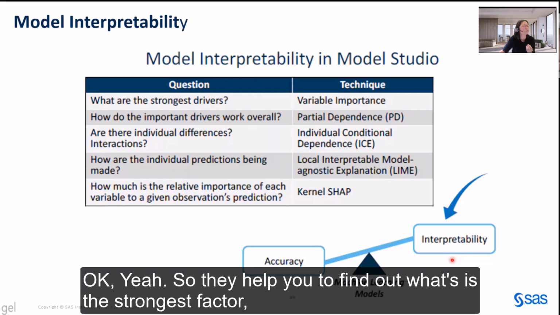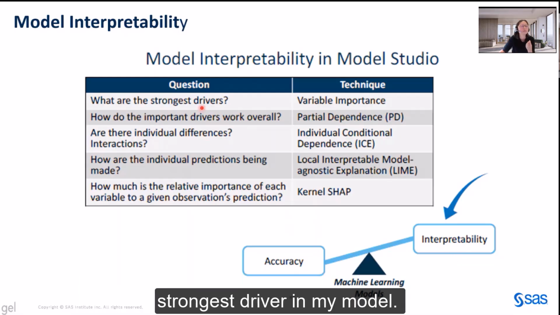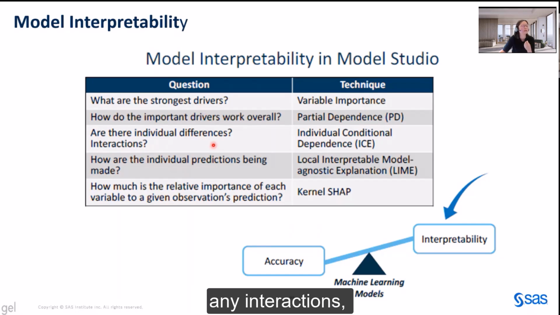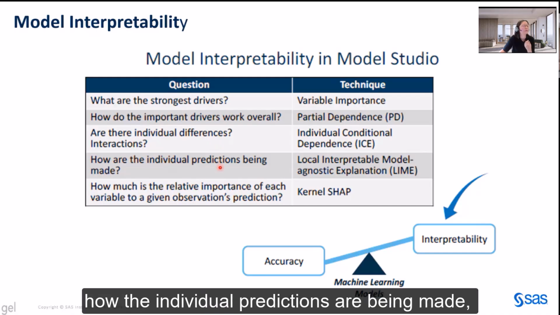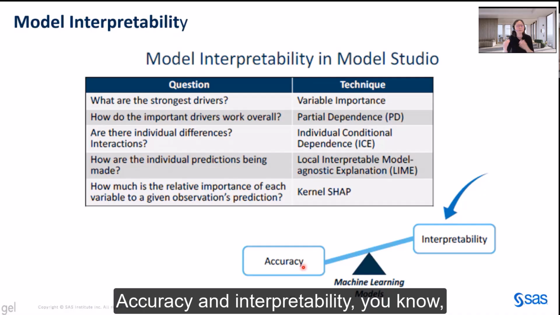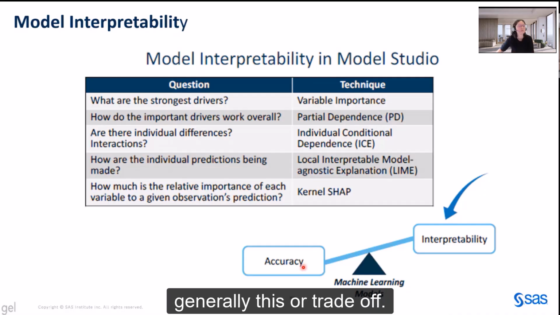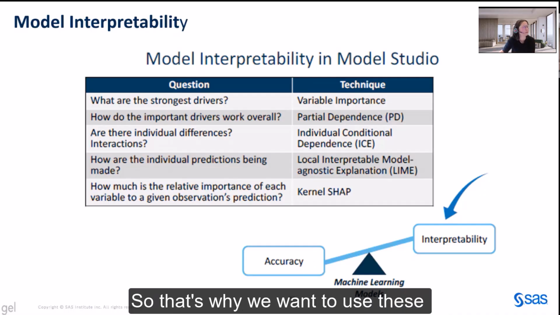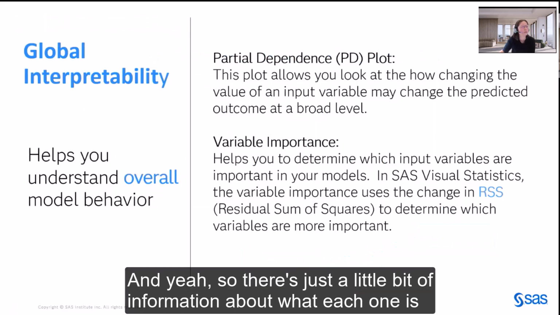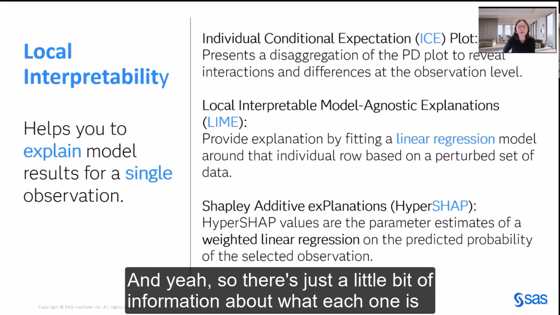They help you find out what the strongest driver in my model is, whether there are any individual differences or interactions, and how the individual predictions are being made. Just be mindful that there's generally a trade-off between accuracy and interpretability, so that's why we want to use these interpretability tools. That's a little bit of information about what each one is.